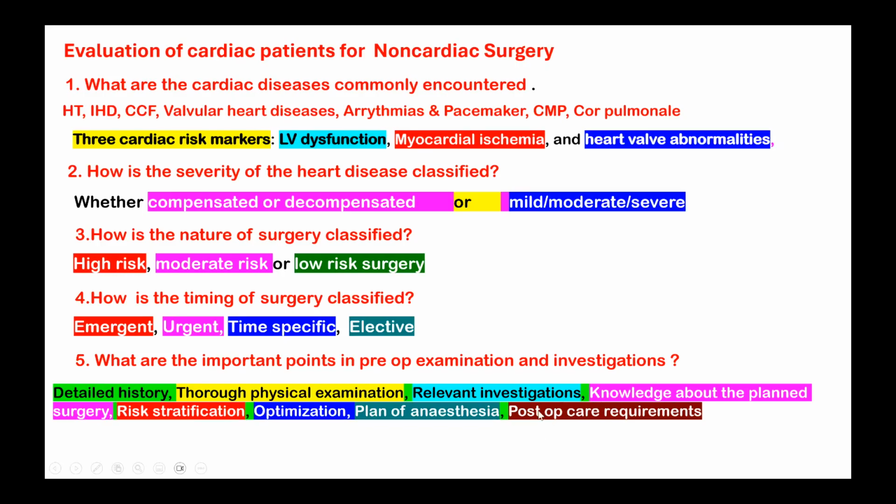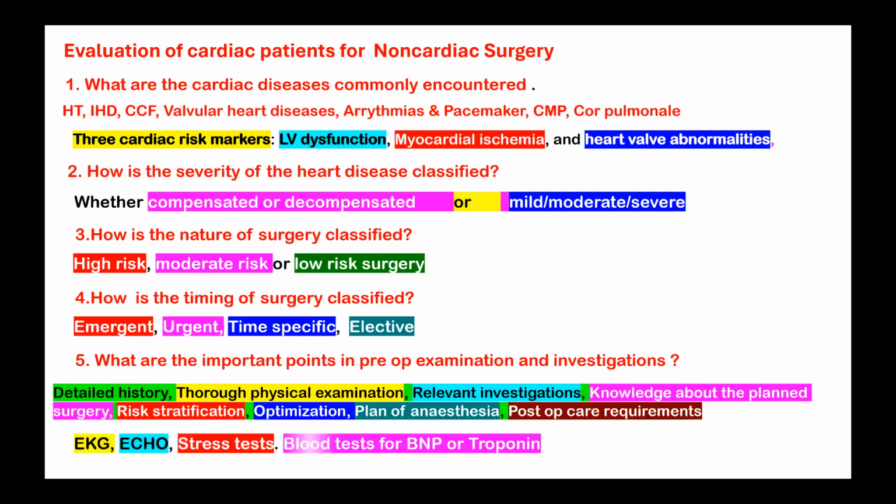So you may plan for an elective post-op ventilation in those patients. So that also has to be taken care of, and you have to make sure that an ICU bed is available, and you have to inform the team in advance so that you can shift the patient to ICU and take care of them in the post-op period.